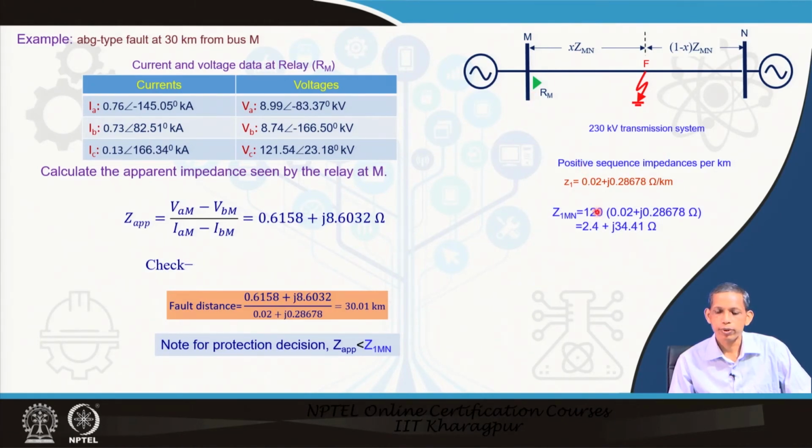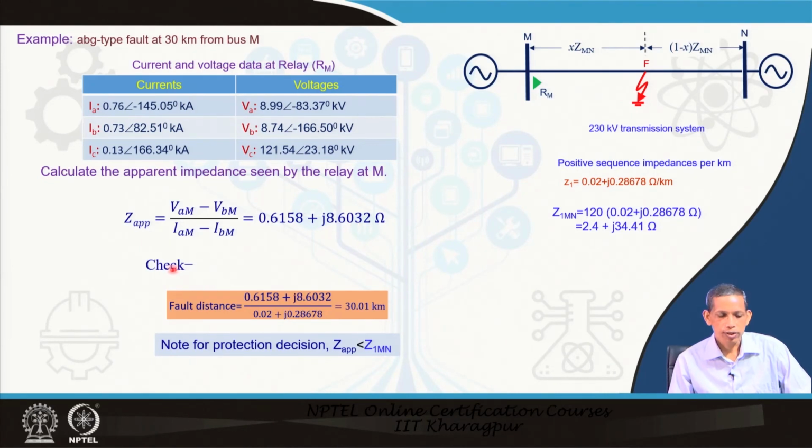Data for the line are provided as we have seen earlier. Z apparent equals, this is an AB fault, so the corresponding relation is V A minus V B upon I A minus I B. You substitute the data and get the apparent impedance to be 0.6158 plus j 8.6032 ohm.